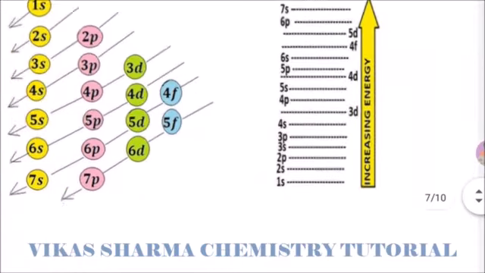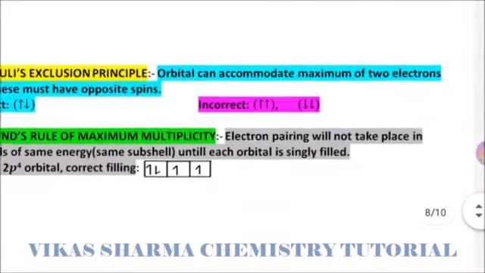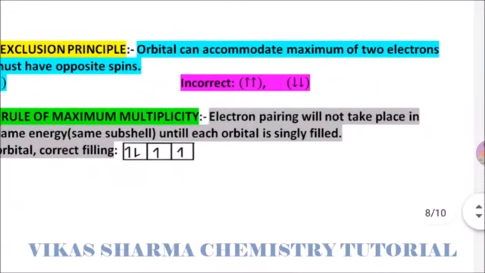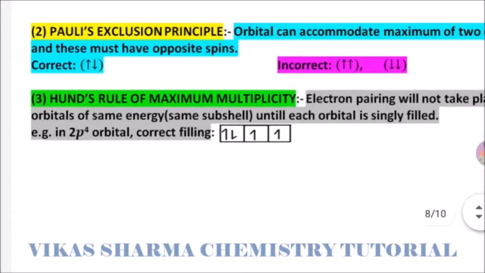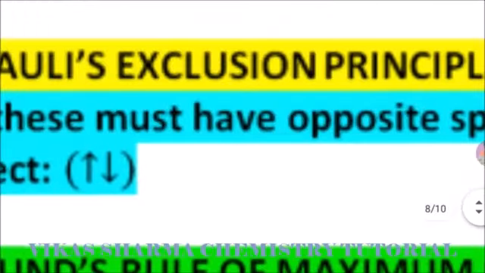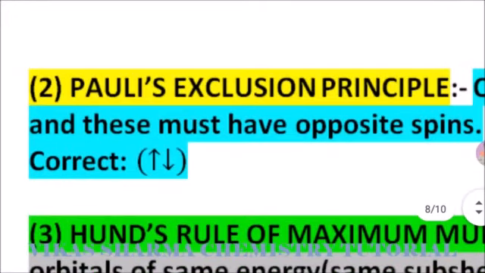So students, a principle known as Pauli's exclusion principle. Pauli said an orbital can accommodate a maximum of 2 electrons, and these must have opposite spins. It means the holding capacity of an orbital is 2 electrons. So this is the correct way: first the electron is filled with positive spin, clockwise spin, then negative spin.